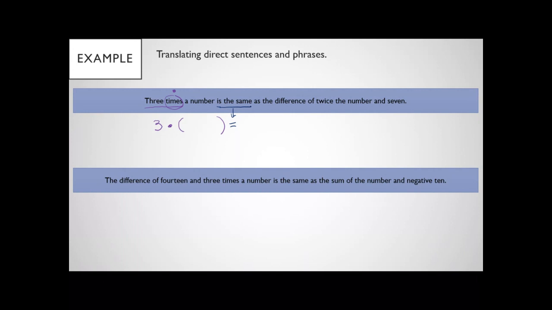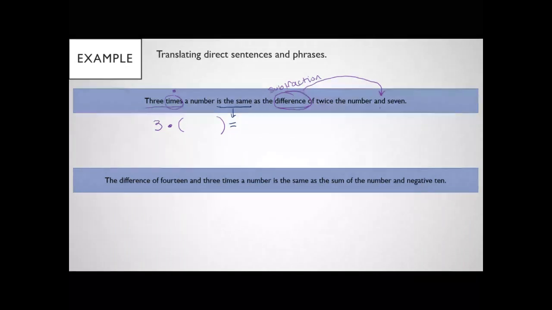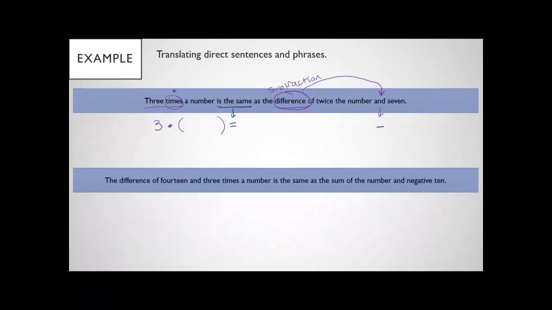Then on the right of the equal sign I have the difference, and difference here is subtraction. The way the difference works is that you don't have to do a negative in this case. The subtraction symbol is going to go where the and is. So I'm going to have my subtraction symbol with the and. Those ands tell you where those symbols are going.